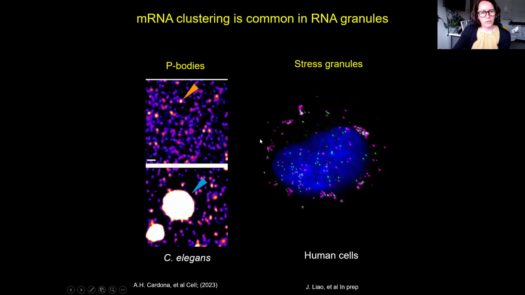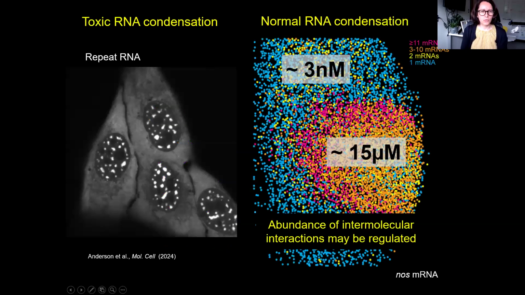However, and this is very interesting, but it was also a little bit alarming because I showed you before that RNA clustering typically is associated with neurodegeneration. So with these repeat RNAs, which are forming toxic RNA foci within the nuclei of affected individuals, these are really RNA gain-of-function mutations.